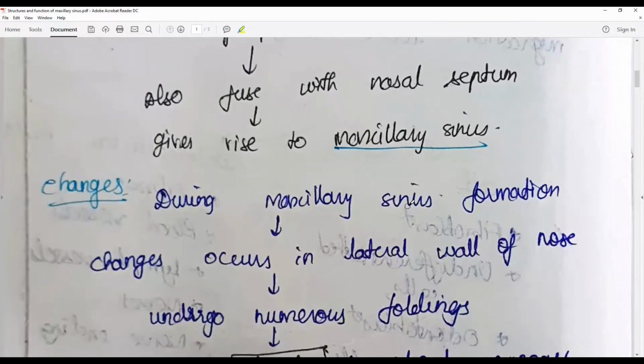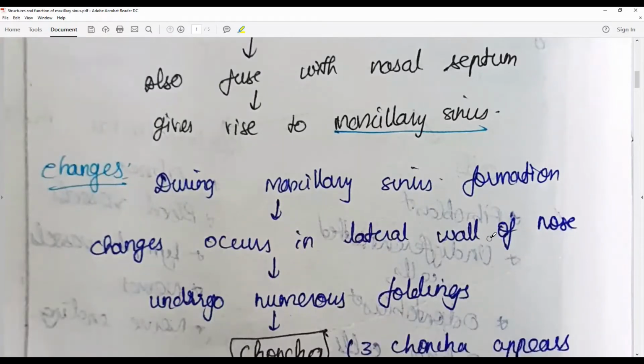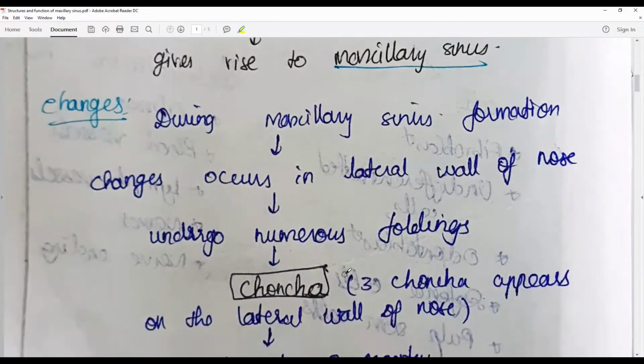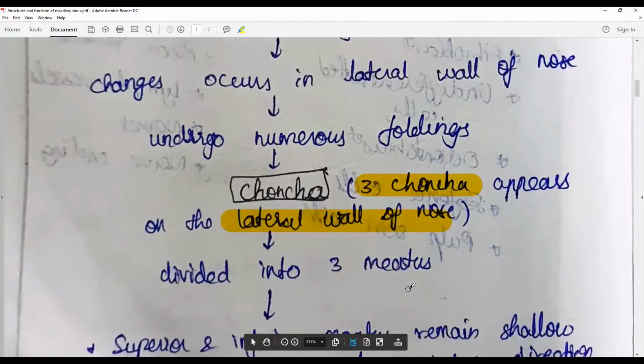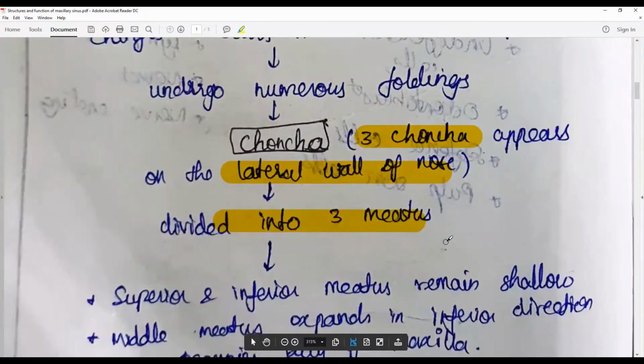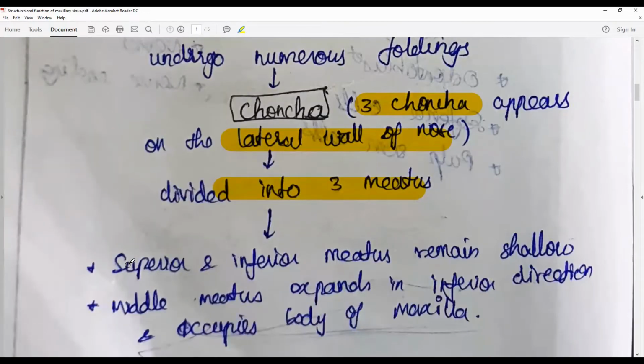During its formation, changes occur in the lateral wall of the nose, which undergoes numerous foldings called conchae. There are three conchae that appear on the lateral wall of the nose, and they divide it into three meatuses, named accordingly superior, middle, and inferior.